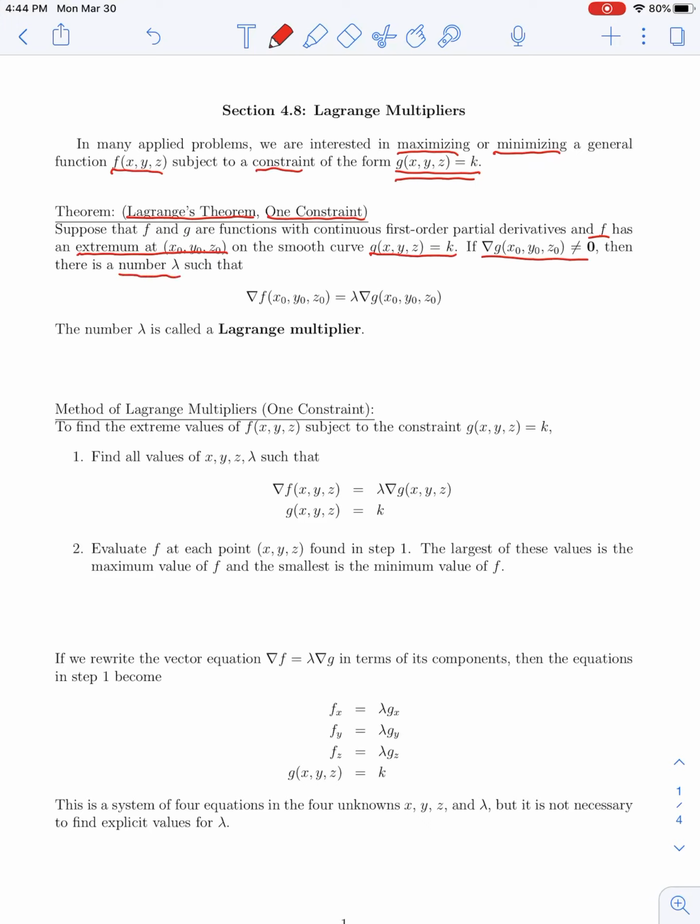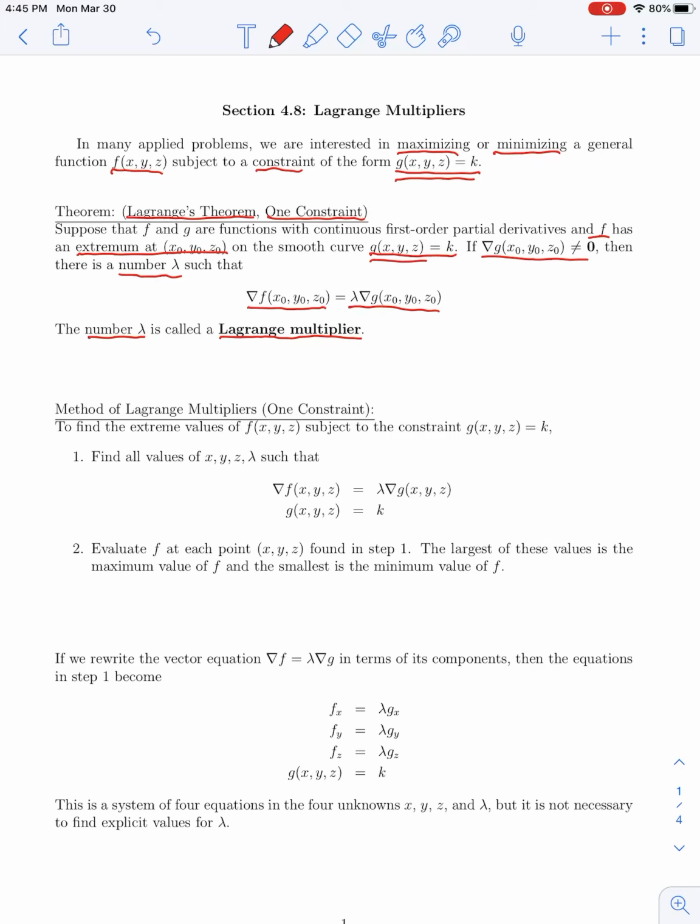As long as the gradient of that constraint function g is not equal to the 0 vector, then we are guaranteed there is some number lambda such that the gradient of f at the point where we have an extremum is equal to lambda times the gradient of g at that point. And this constant, lambda, is called a Lagrange multiplier.